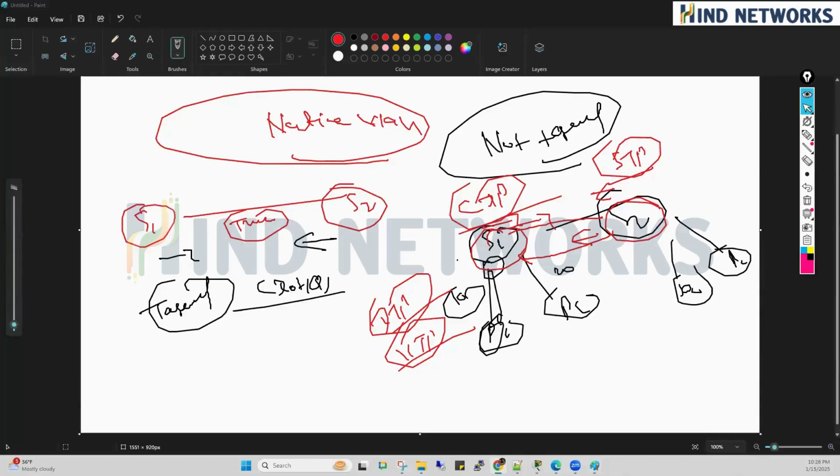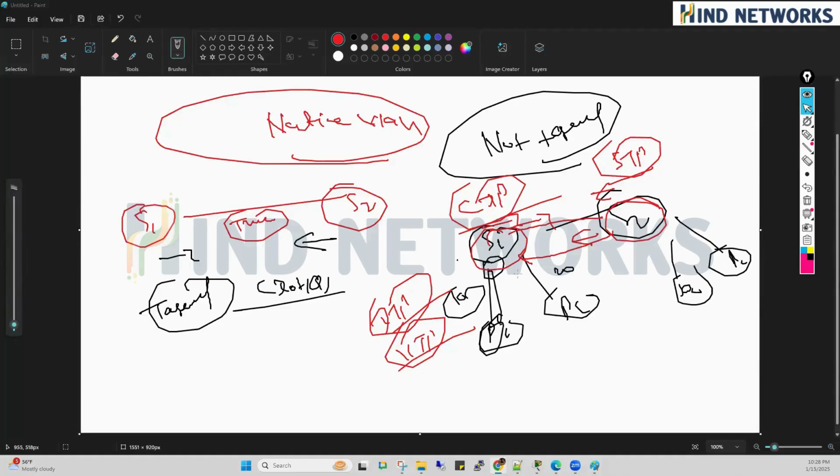Right? So now the question is, if these types of traffic are not part of any VLAN, then on a trunk link, how will the switch process them? The answer is, guys, with the help of the native VLAN.